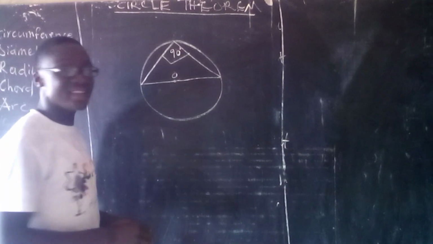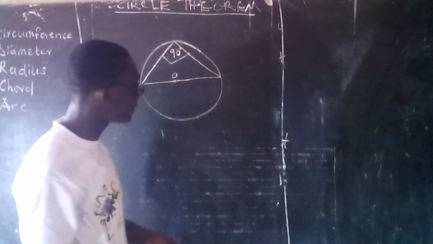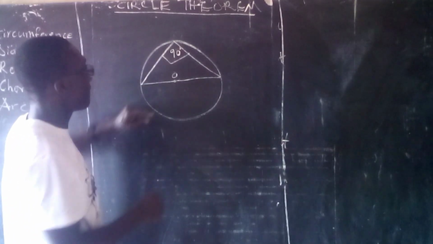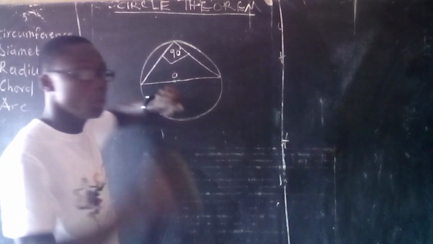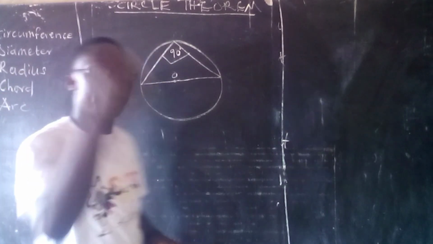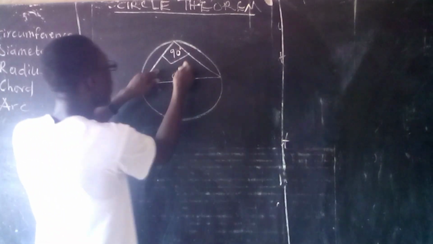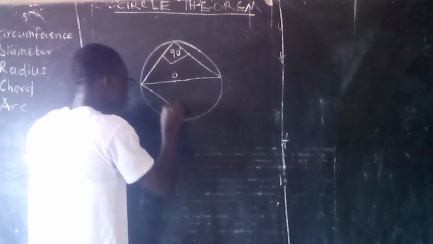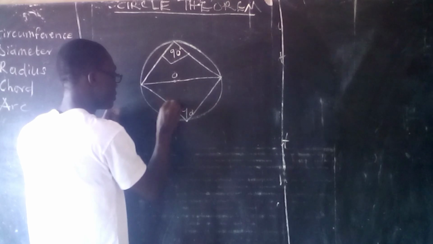Since the diameter divides the circle into 2 equal parts, the major and the minor are the same. So here we don't have a major segment and a minor segment. They are equal segments. So the same angle will be in the opposite segments, the same 90 degrees.